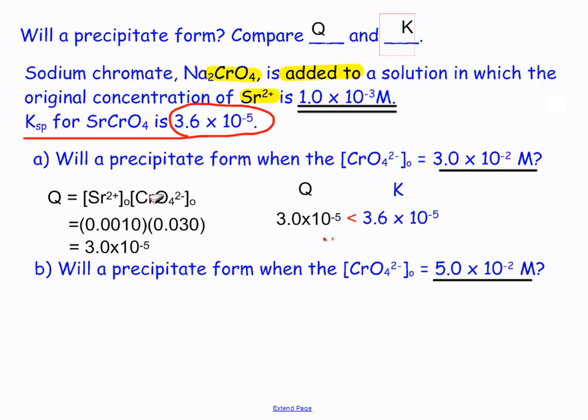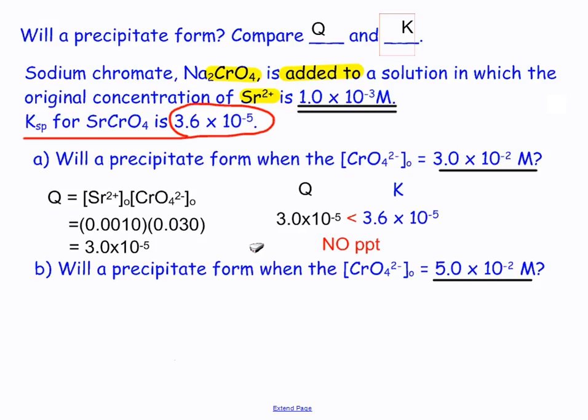We're going to keep dissolving. It is as dissolved as it's going to get, and we could even dissolve more. The reaction shifts to the right because of Q and K, and so we will not see a precipitate.